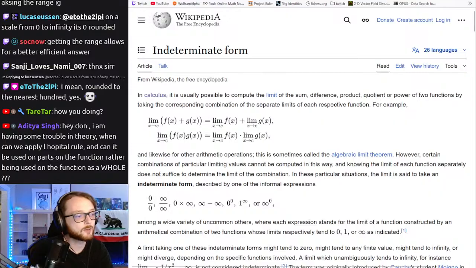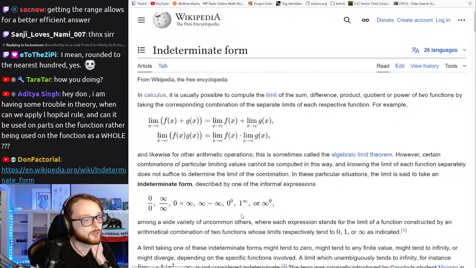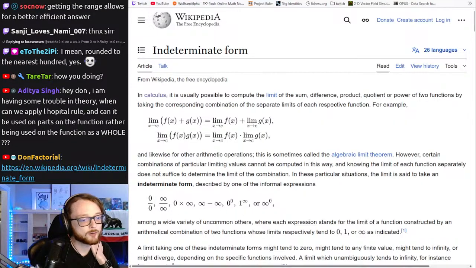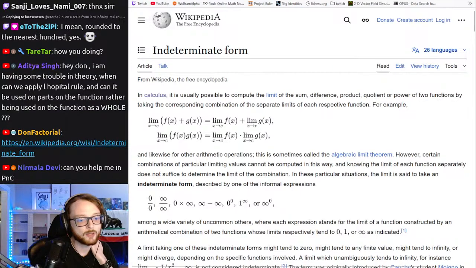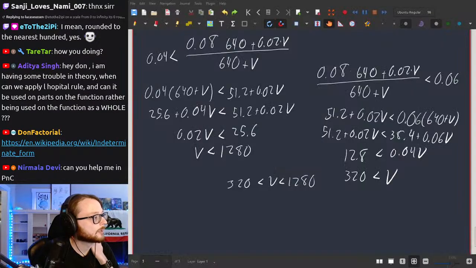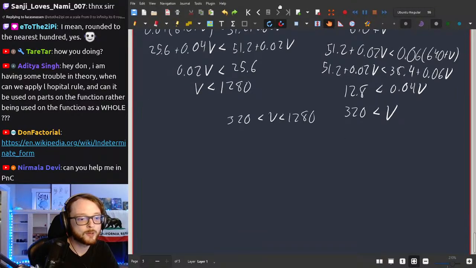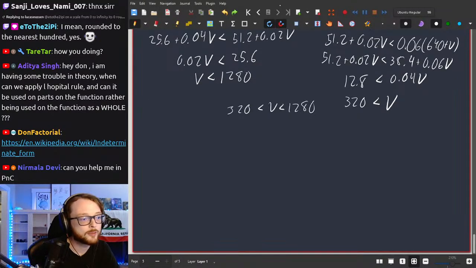For the second part of your question, you have to use it on the entire limit, but you can use limit properties to simplify it first.